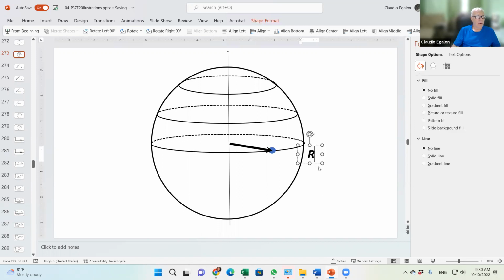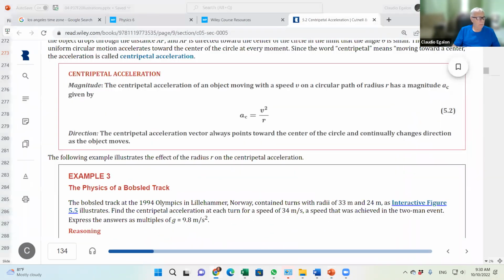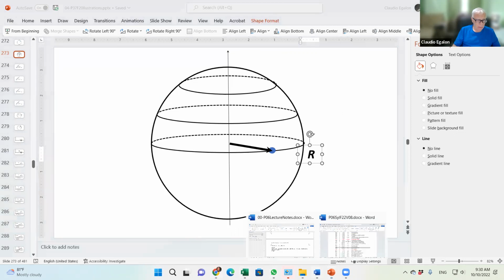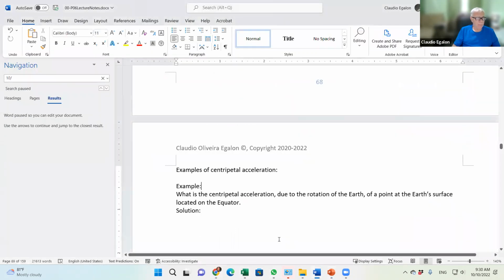The radius of the Earth is known. So we are going to do it like that. What is the centripetal acceleration due to the rotation there on the equator?